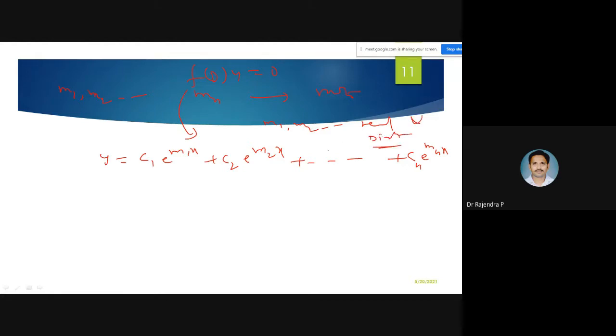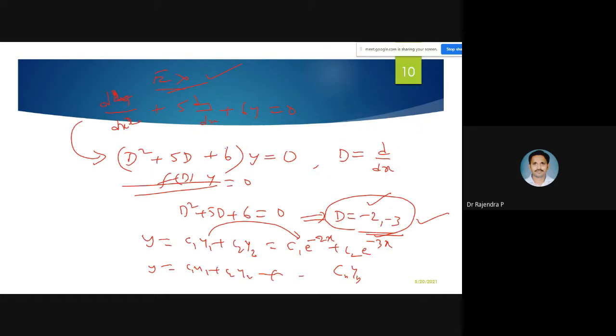Distinct means different roots. When roots are real and different, I can take their linear combinations. All these are solutions. So let me check whether our solutions are correct or not. What solution did we get here? The first solution, y1, is e power minus 2x, we got it.